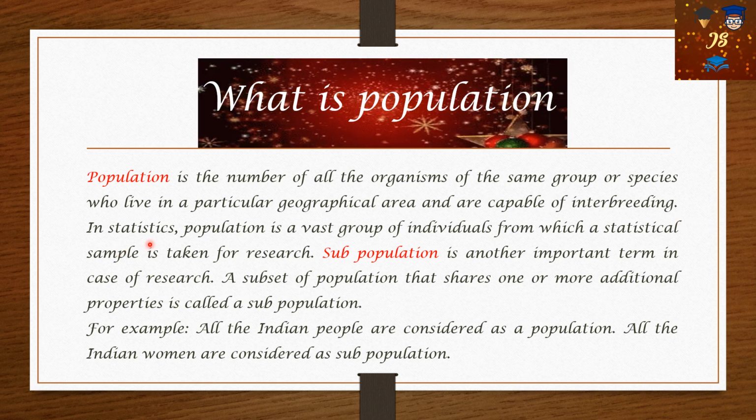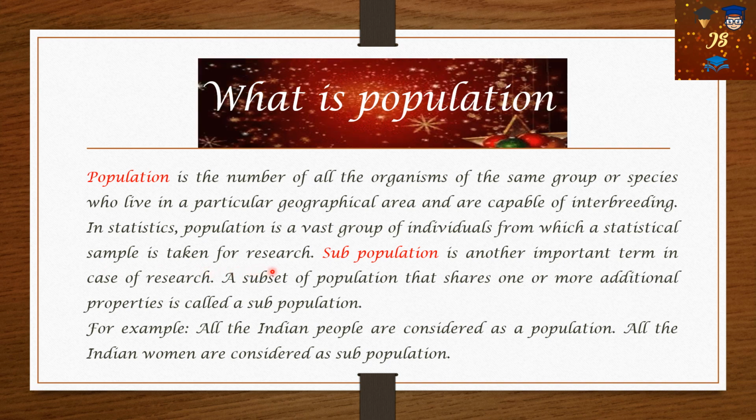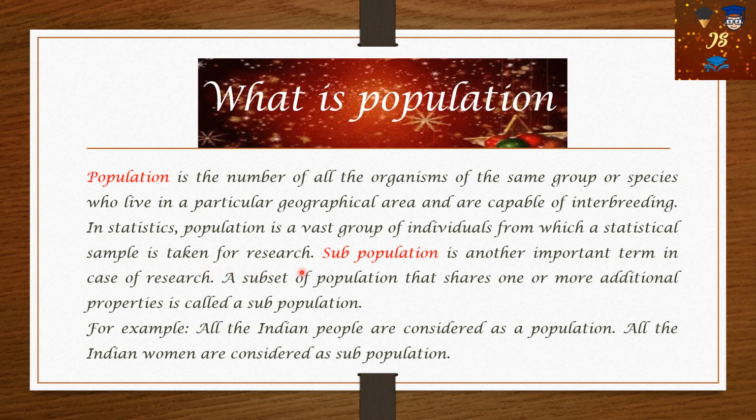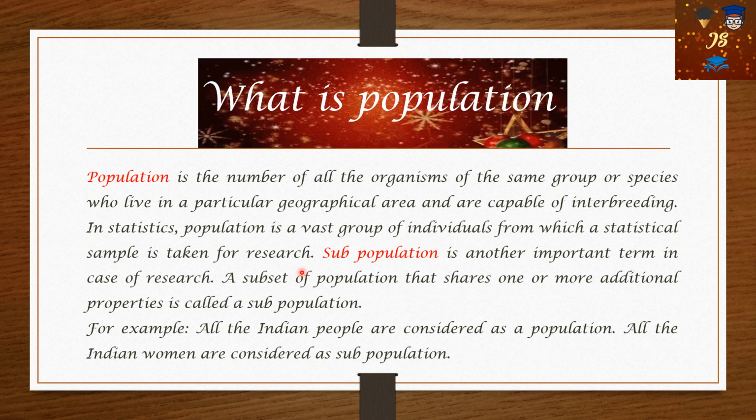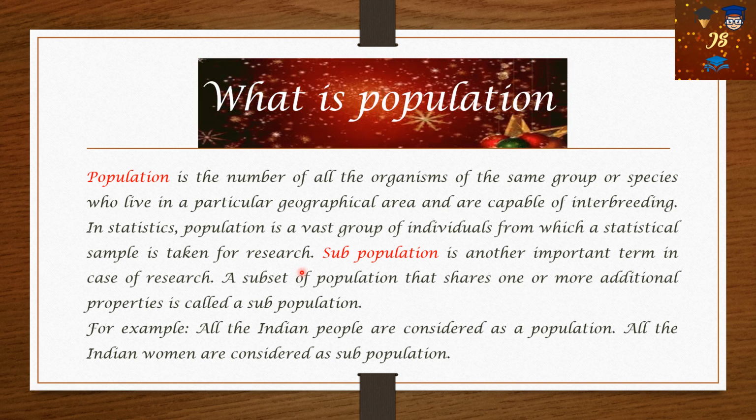In statistics, population is a vast group of individuals from which a statistical sample is taken for research. Now, in statistics, how can the population be explained? Say we are going to have a research on implementation of some drugs on a particular group of people.